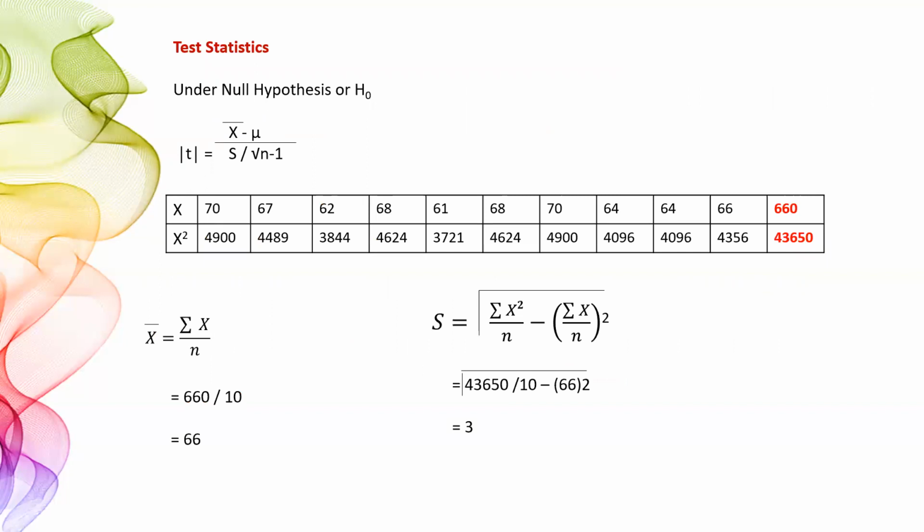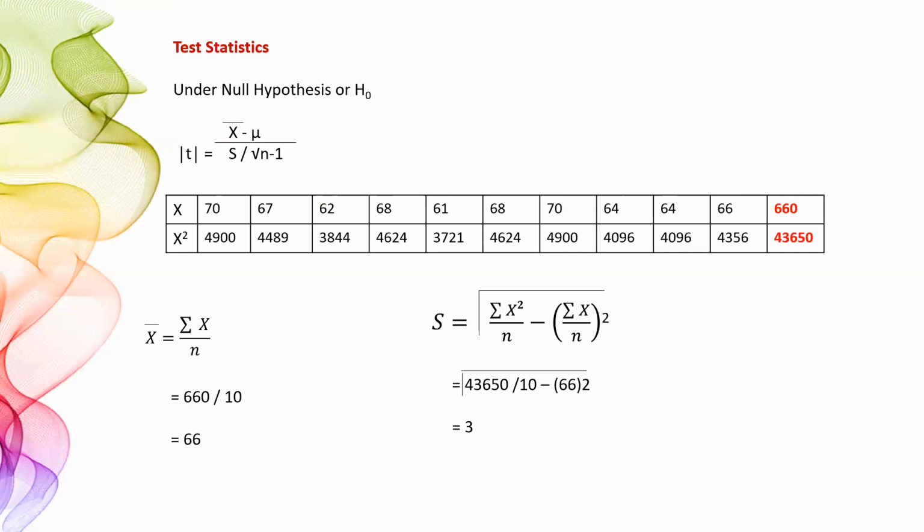So our test statistic under the null hypothesis, modulus t, is equal to x bar minus mu divided by s by root of n minus 1. So what we do is we write up all the x values and find the total. Here our summation x gives the answer as 660.